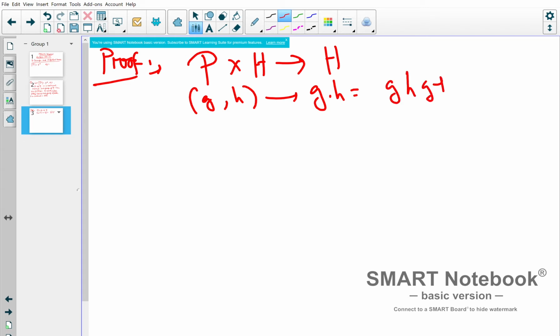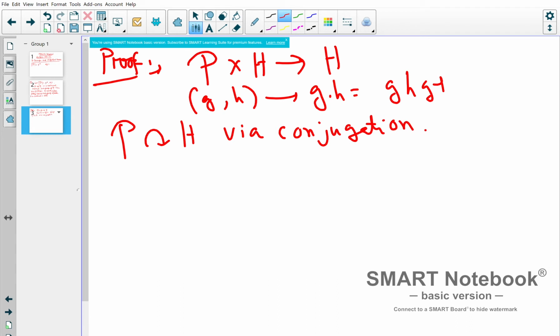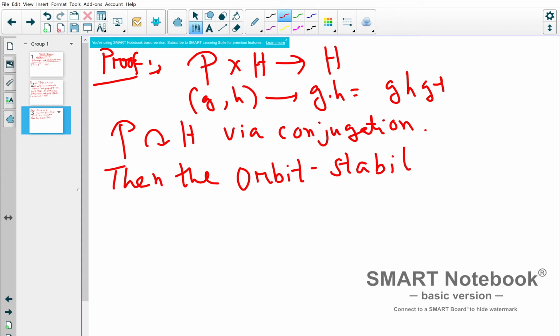So P is acting on H via conjugation. Under this conjugation we can use the orbit-stabilizer formula.